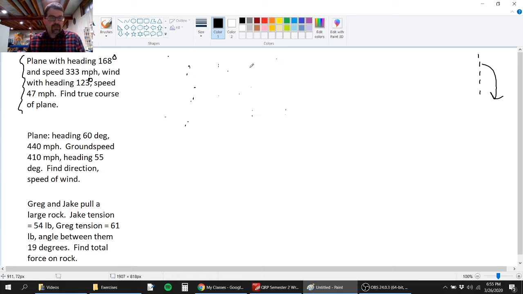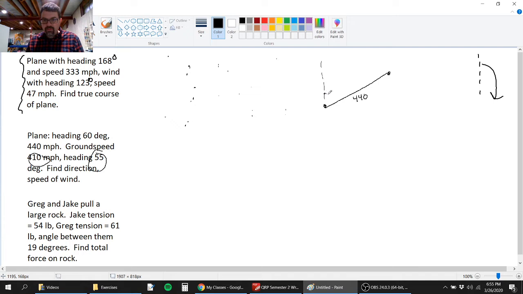So here we go. Plane. Heading of 60 degrees at 440. All right, 60 degrees is this direction. 440 miles an hour. The actual direction and speed is 55 degrees, 410.